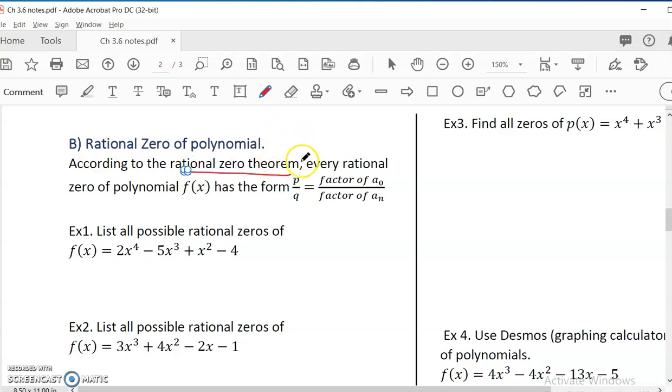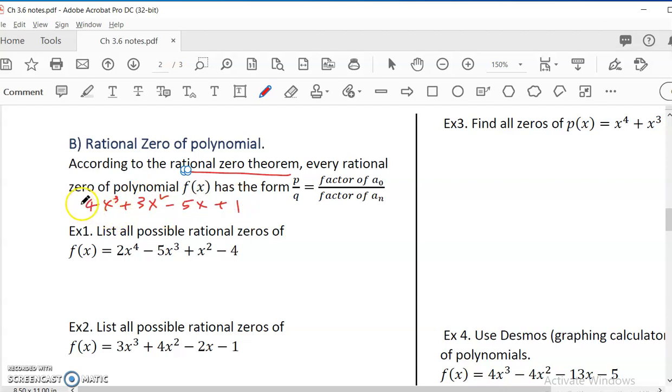So the rational zero theorem says that if your polynomial has integer coefficients, okay, this has to be a real polynomial with integer coefficients, like 4x cubed plus, like this. The integer means these are all whole numbers, not fractions, not radicals, like 3x squared minus 5x plus 1, this kind.